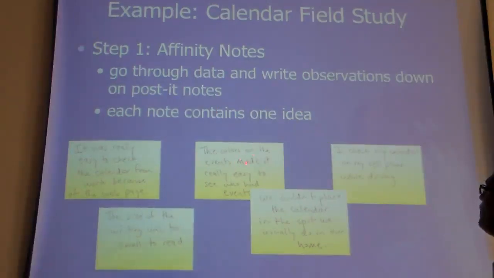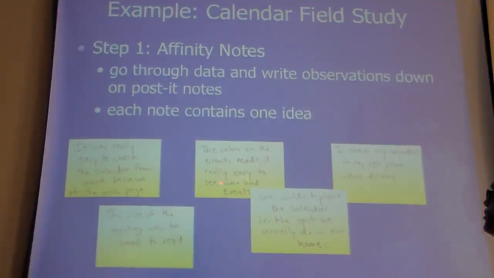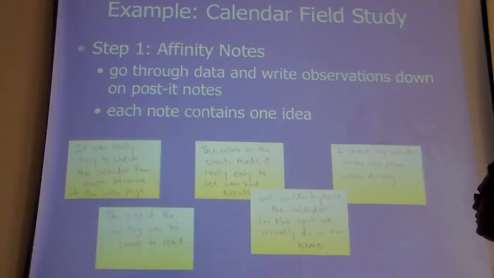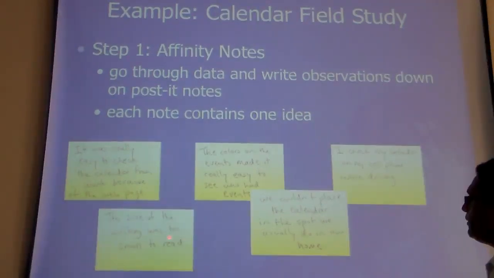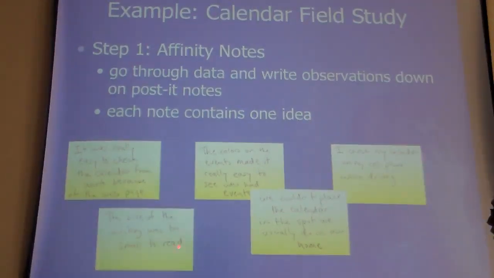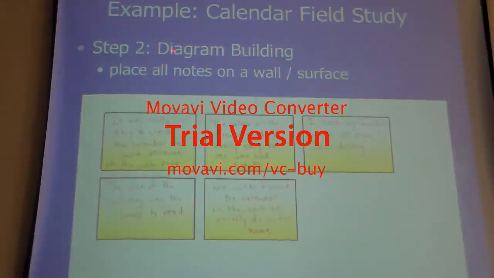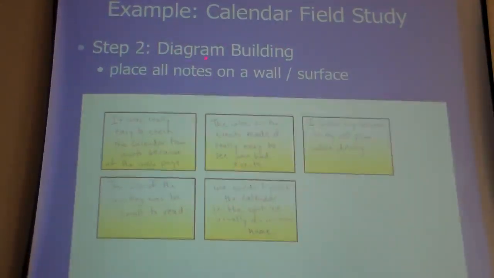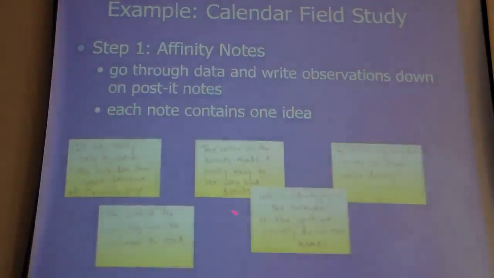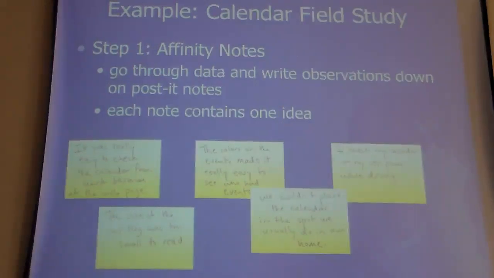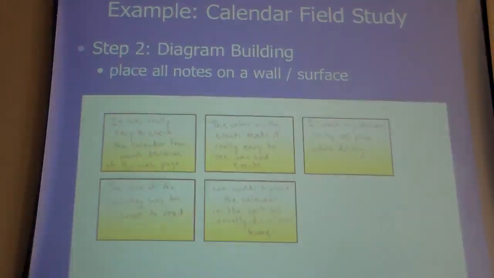The colors on the events made it really easy to see who had events. The size of the writing was too small to read. Each note contains one idea, and then you build the diagram, placing all notes on a wall.